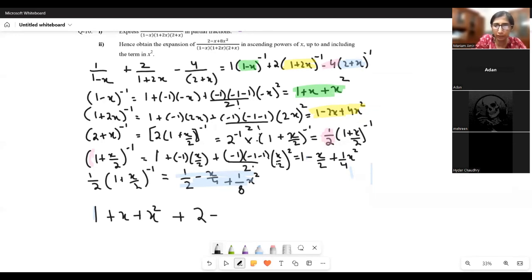So 2 minus 4x plus 8x squared. And the last one is being multiplied with minus 4. So minus 4 into half would be minus 2, then plus x, and then minus 4 times 1 by 8 would be minus half x squared.